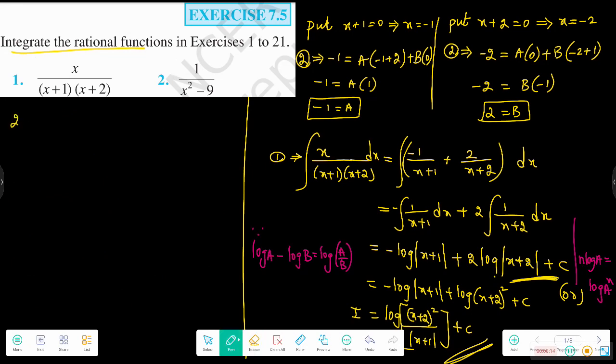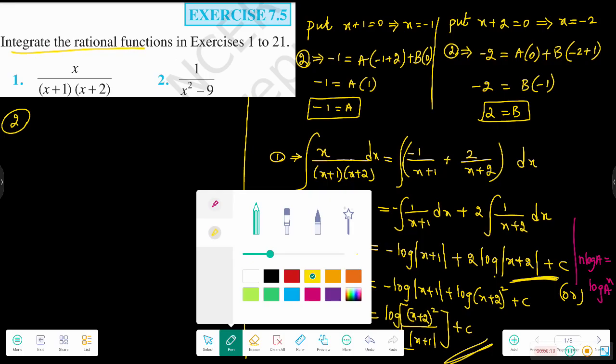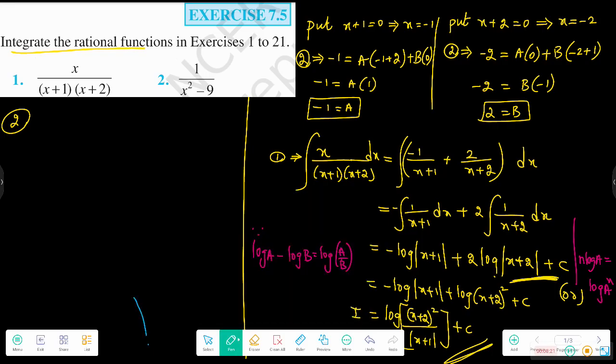So, second question. For the second question you can go either by partial fractions, or directly we also have a formula. What formula can you tell me, anyone? What formula for this?